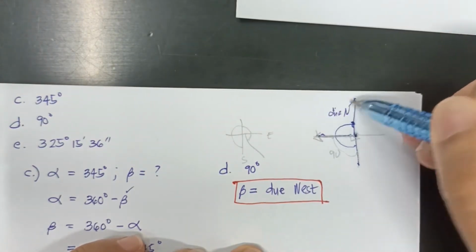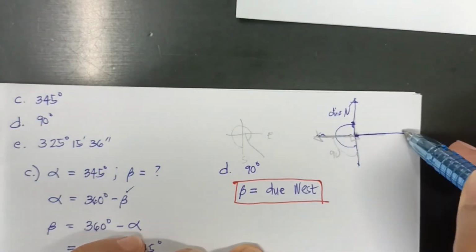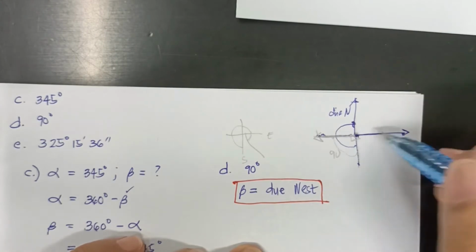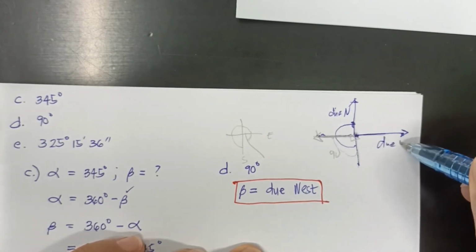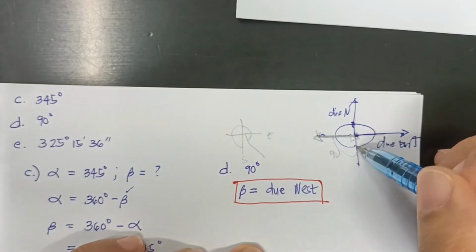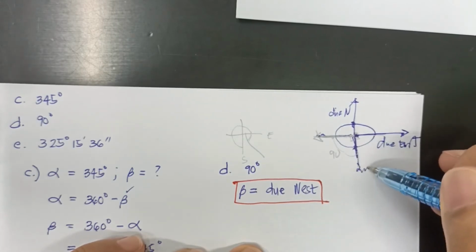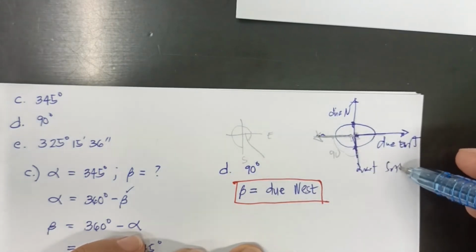And if it falls in that direction, coinciding with the east, then that is due east. And of course, if it goes in that direction, that is 360 or 0 degrees, then it is due south.